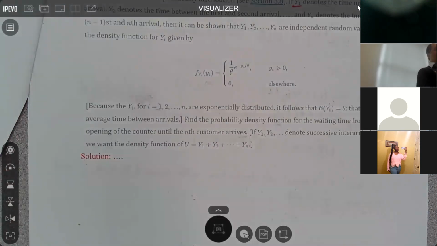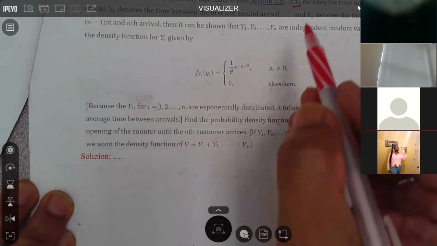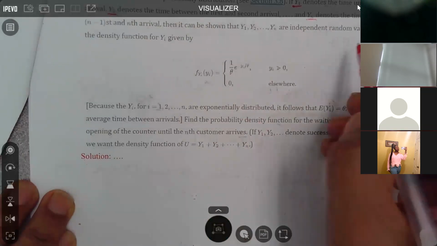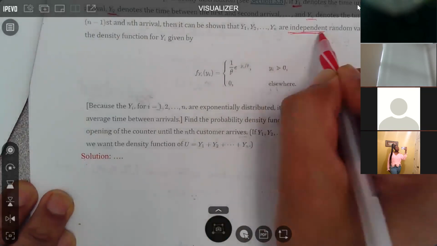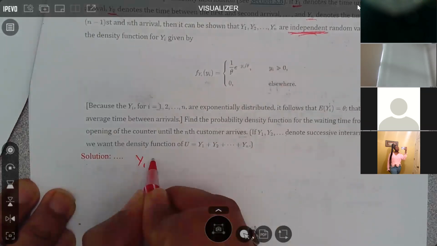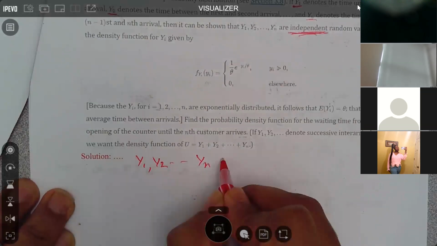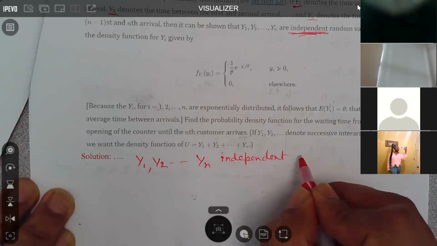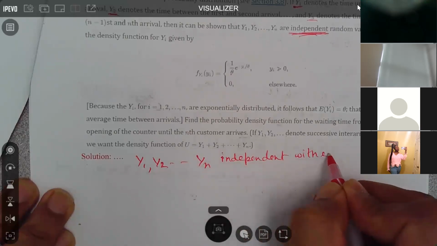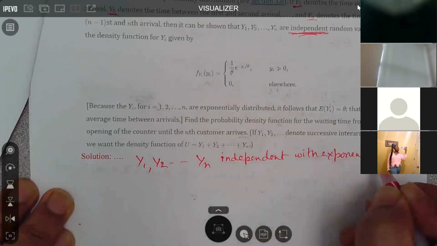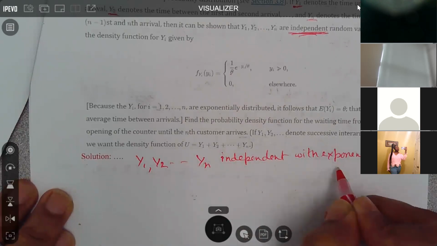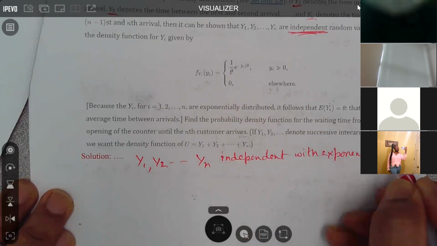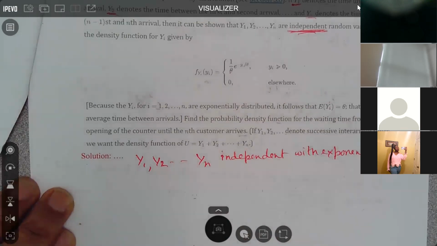It says y1, y2, and yn are independent random variables here, so we have y1, y2 up to yn independent, with exponential distribution.